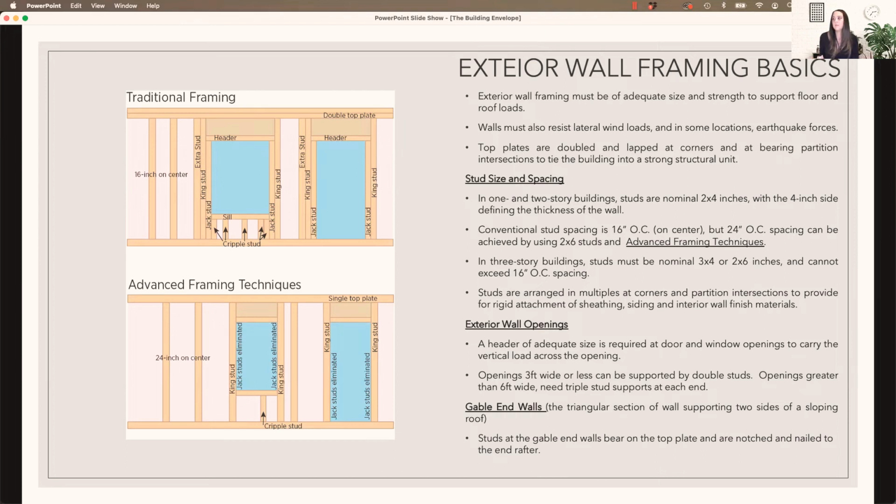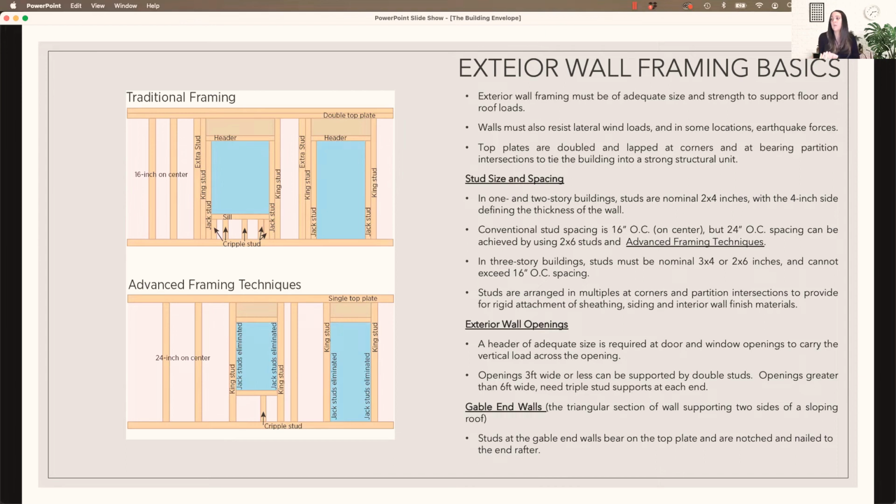And again, 2x4 material is going to define how thick the wall is. If you're using a 2x4, once you add your gypboard and any other finishes, you're probably going to end up with about a 4 3/4 inch deep or thick wall cavity.